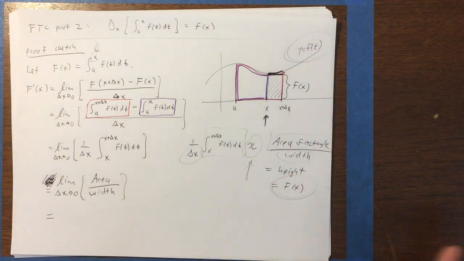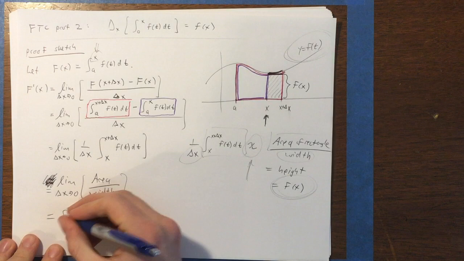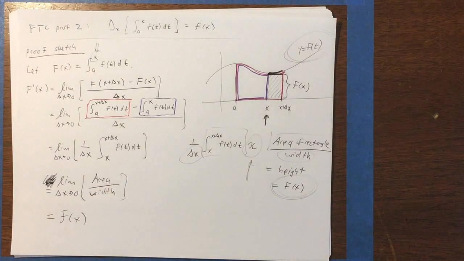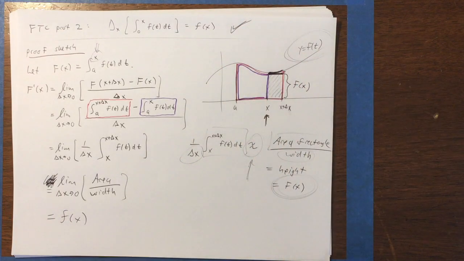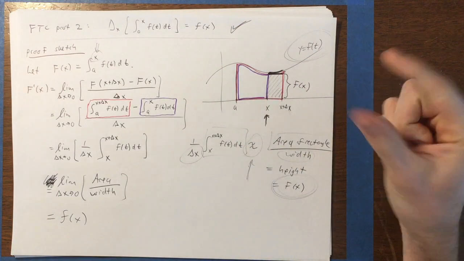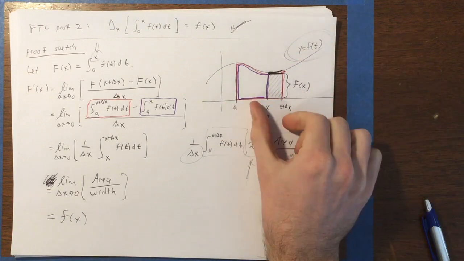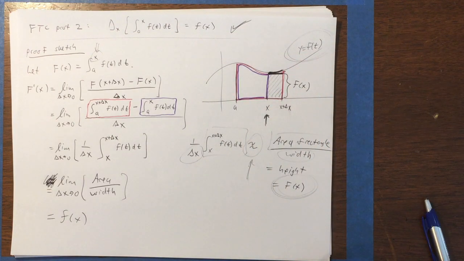When we actually take the limit as delta x approaches 0, this is exactly equal to f of x, and there's no approximation about it at all. So this all boils down to what we were trying to show. It all comes from area divided by width equals height. That's basically the crux of it. You just have to put all the right pieces in the right places and understand what is what, and that's how we get that it's just f of x.